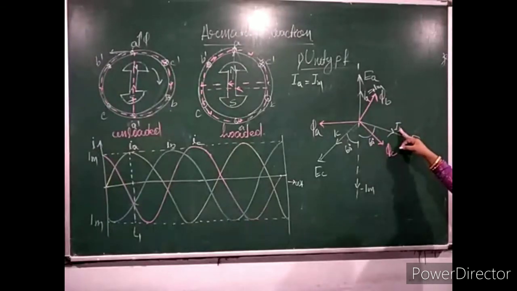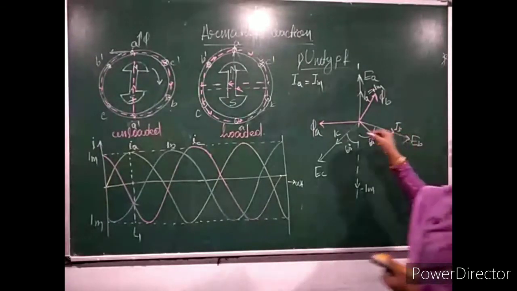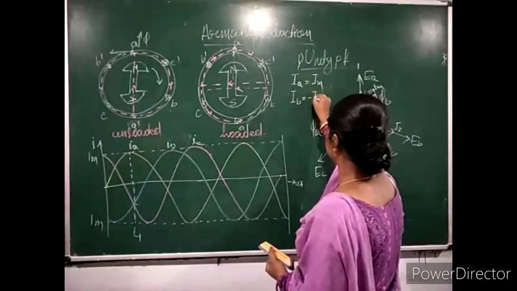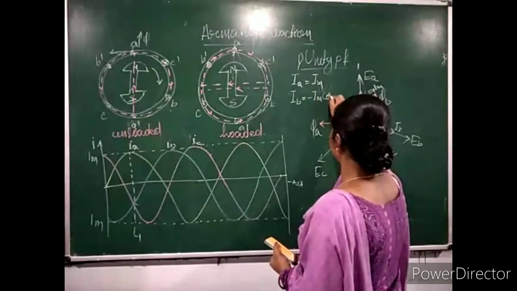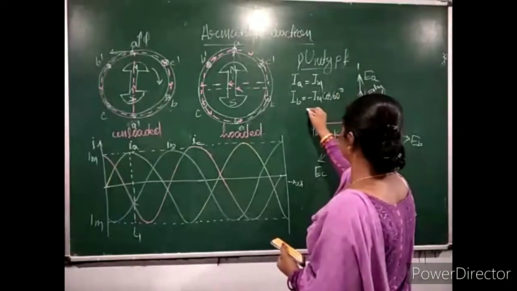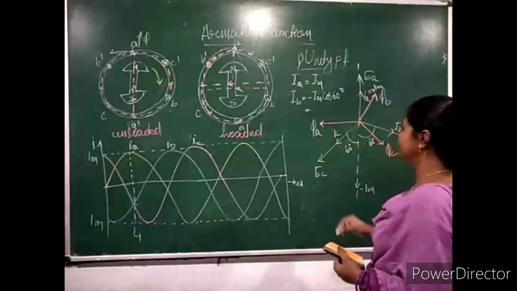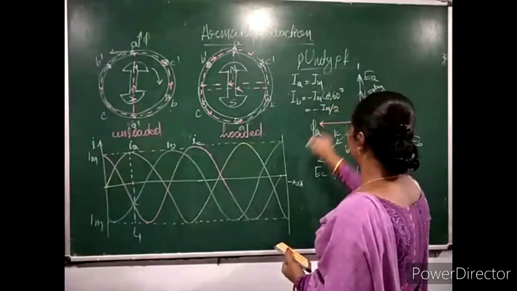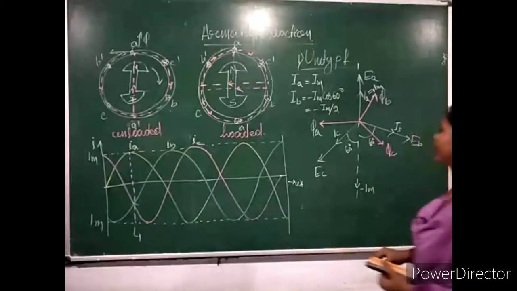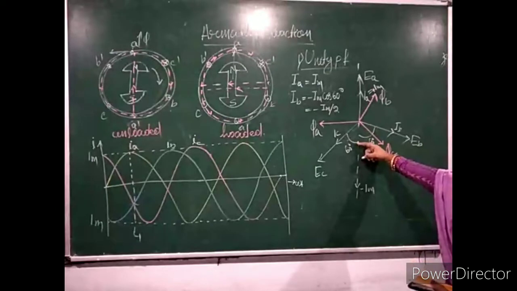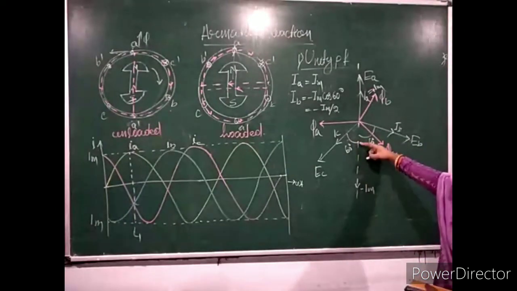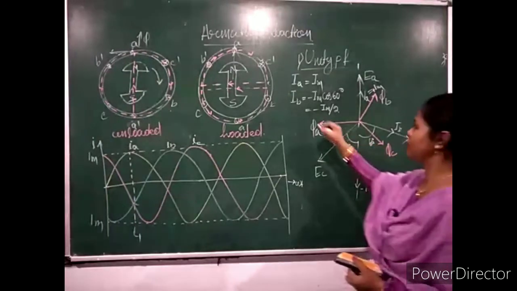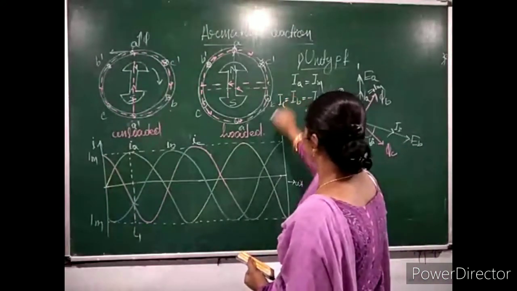I take the vertical component here, Ib is minus Im cos 60 degrees. Its value is minus Im by 2. Similarly, Ic is minus Im cos 60 degrees, whose value is also equal to Ib.